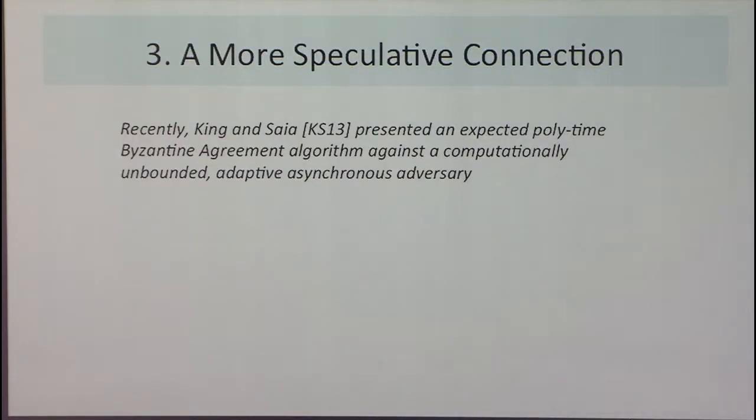I want to conclude on a more speculative connection, wondering how all of this, once we get to the multi-party setting, relates to more general distributed computing against adversarial errors. Recently there was this beautiful protocol of King and Saia for expected polytime Byzantine agreement against a computationally unbounded adaptive asynchronous adversary, so against a really worst-case adversary.